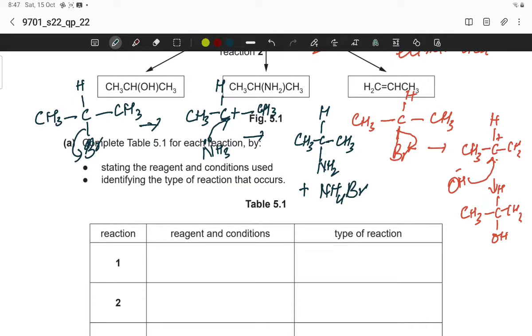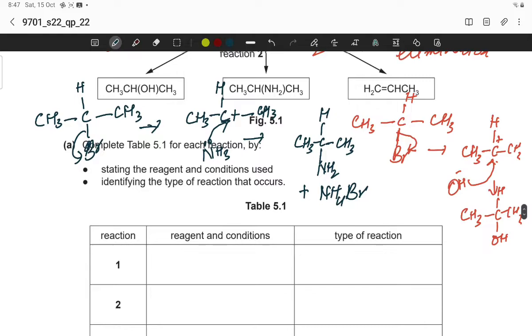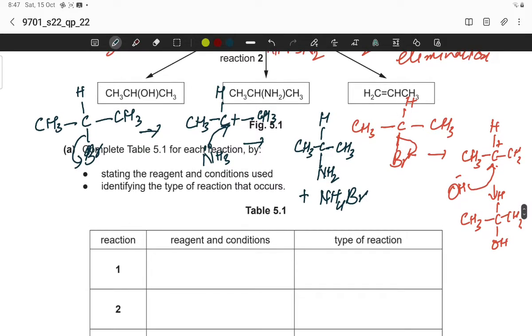identifying the type of reaction that occurs. So reaction 1, reagent and conditions.